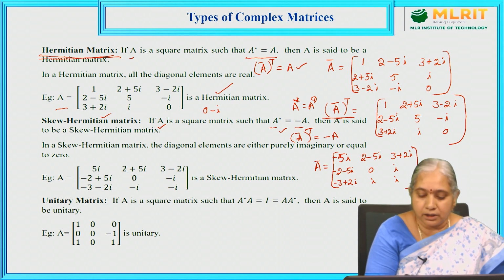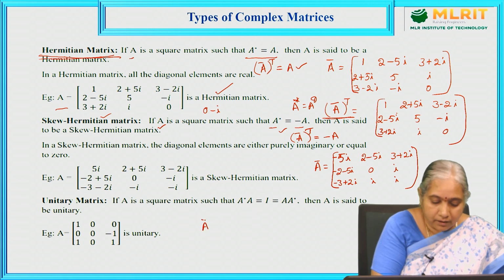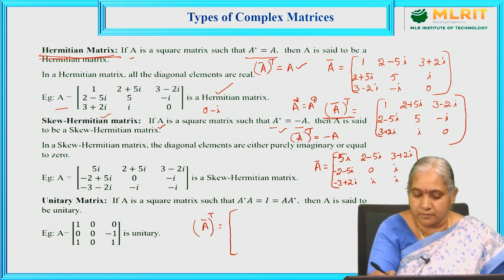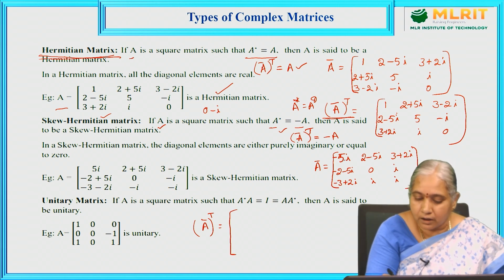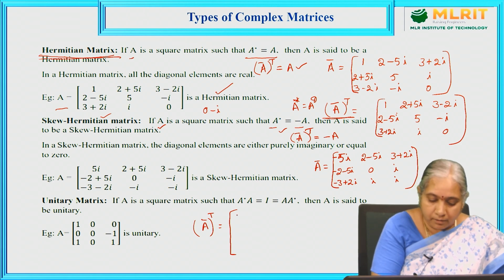Now we find the transpose of the conjugate matrix, that is the A conjugate transpose. Transpose means interchange the rows and columns of the conjugate matrix. Minus 5i, minus 2 minus 5i, 3 plus 2i: these are the first row elements. Now write these elements in the first column: minus 5i, 2 minus 5i, 3 plus 2i.